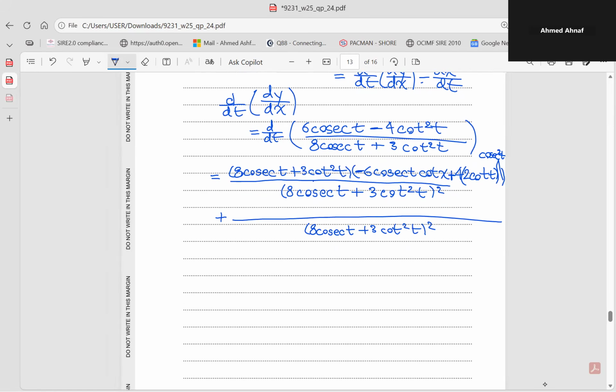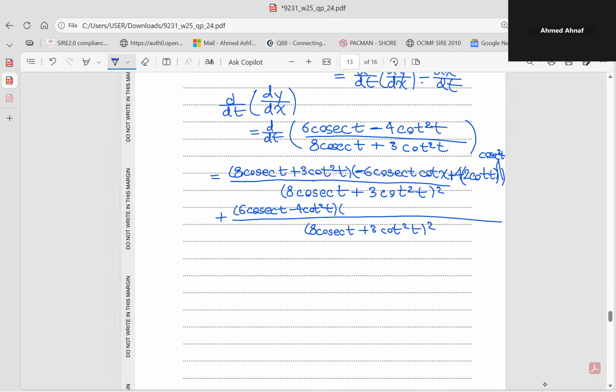Now we keep the numerator this time, minus 4 cotangent squared t, times the derivative of the denominator.